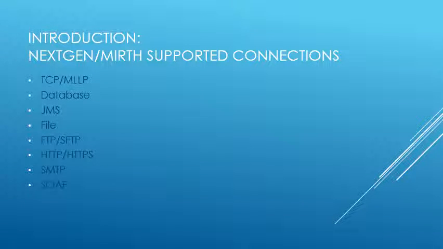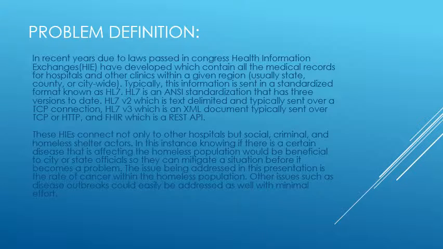It supports all different types of connections. These are a few. I'm not going to name them off, but needless to say, if you need to build your own connection, you can do that as well. Because it supports HTTP, it supports any kind of web service. So you have a lot of flexibility on what you want to send and how you want to send it.